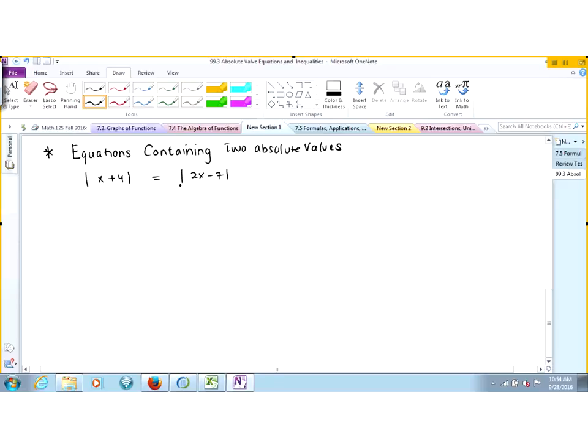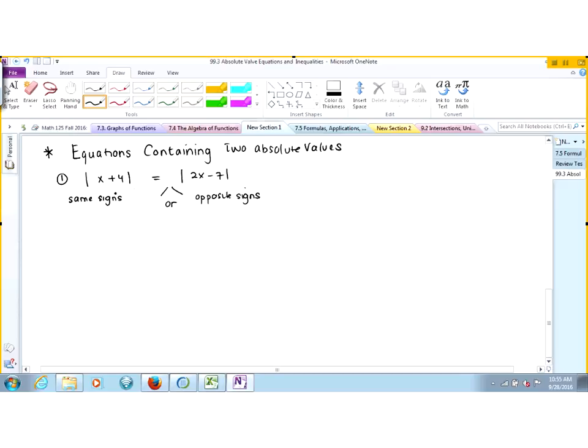So if you have an equation with two absolute values, what you're going to do is also replace this with two expressions. Okay, what are they? The first one is same signs, and the other one is opposite signs between the two.